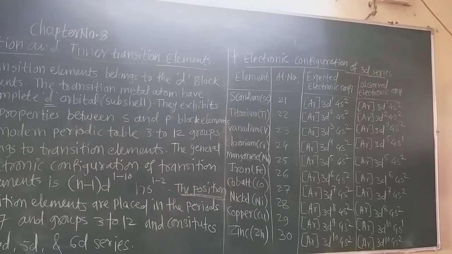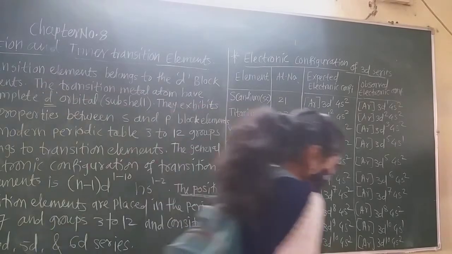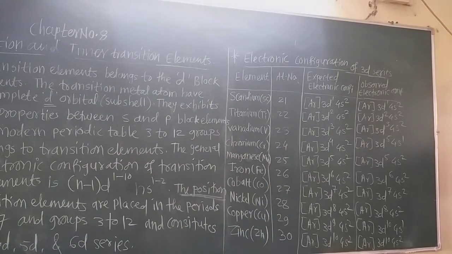Now what is there in the 3D series? There are the elements from scandium to zinc. And I gave you in the 11th standard one sentence to remember all these elements.